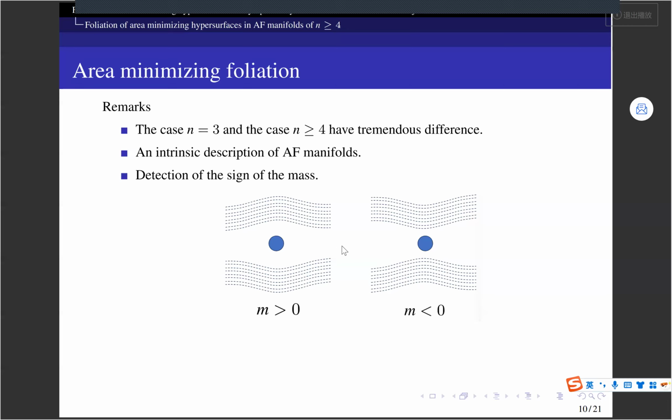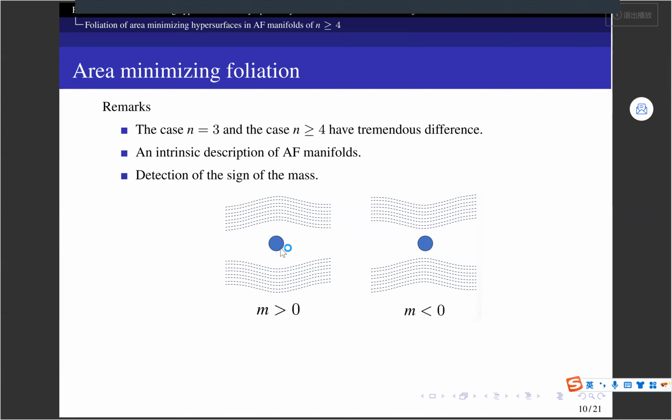And another application is that the foliation can be used to detect the mass when the metric is very close to the Schwarzschild one. When the mass is positive, you can think of the foliation to behave like this, and when the mass is negative, you think of the foliation to behave like the right-hand side picture.